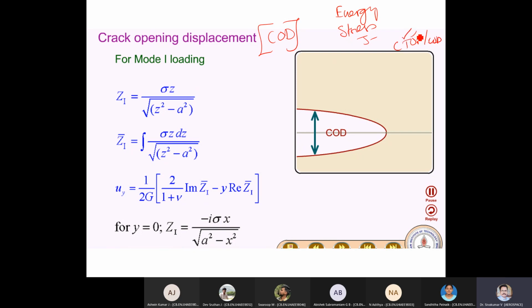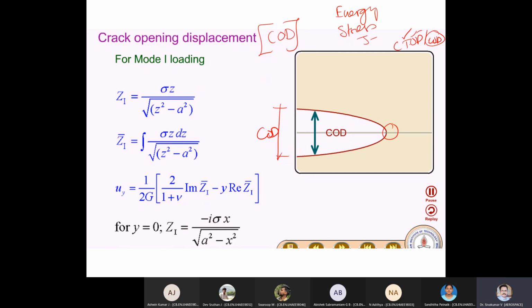This is crack tip opening displacement, and this is crack opening displacement. CTOD is crack tip opening displacement. COD means crack opening displacement, through which also people design or do the fracture mechanics calculations.